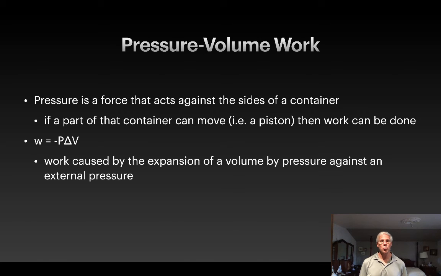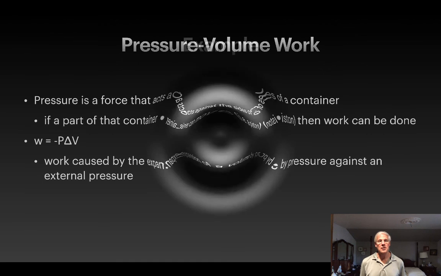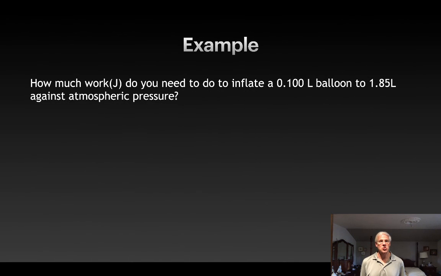So if we're going to do work on the surroundings, then we can have a sample of gas expanding against the external pressure, causing a vessel to expand, something as simple as a balloon again, or something like a piston. So let's look at an example here using a balloon.